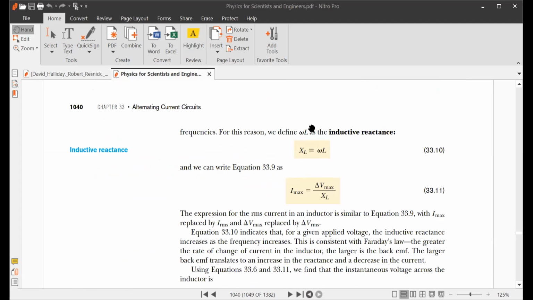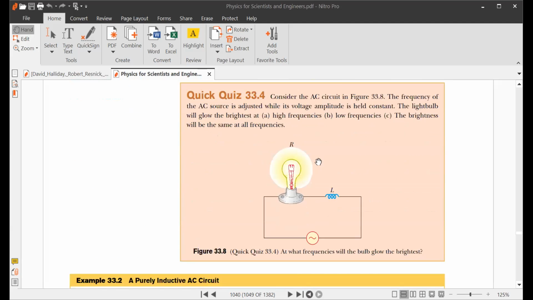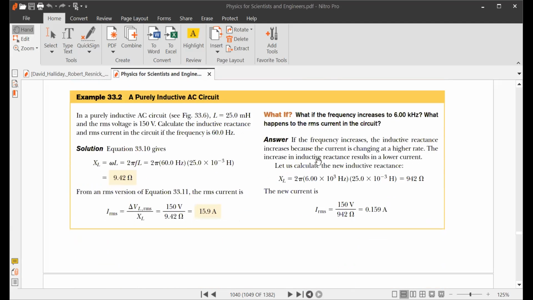Not extra large, XL, inductive reactance, defined as omega times L. Okay? Any question about this? Okay. Let's stop here.